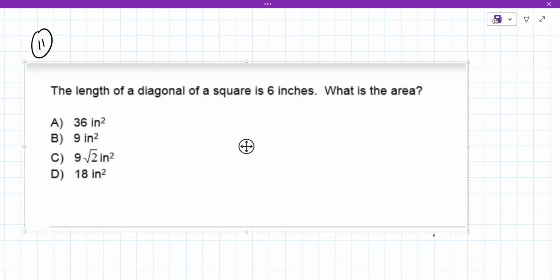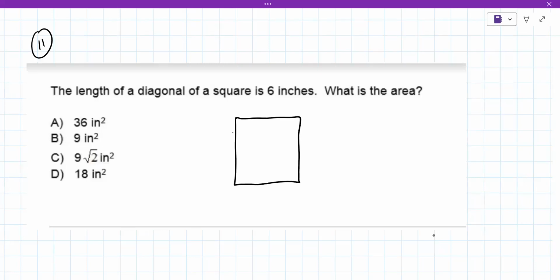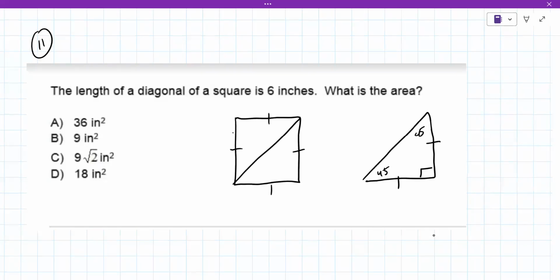Well, if it is a square, defined by the fact that all the sides are congruent, and then cut a diagonal in the middle. It's not a 30, 60, 90. The two sides are congruent. Oh, so that would be a 45, 45, 90.